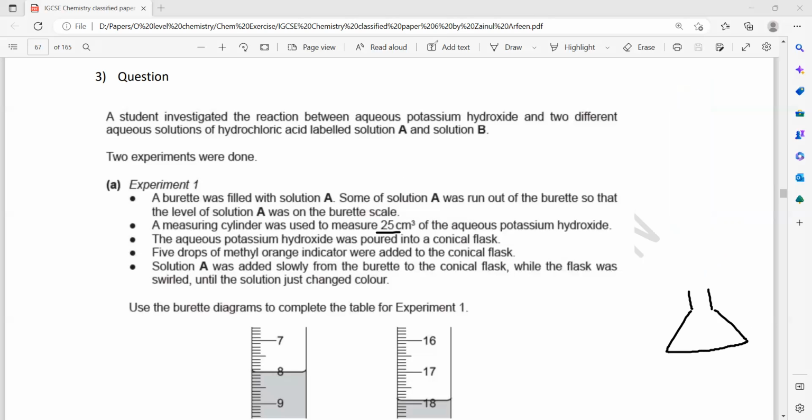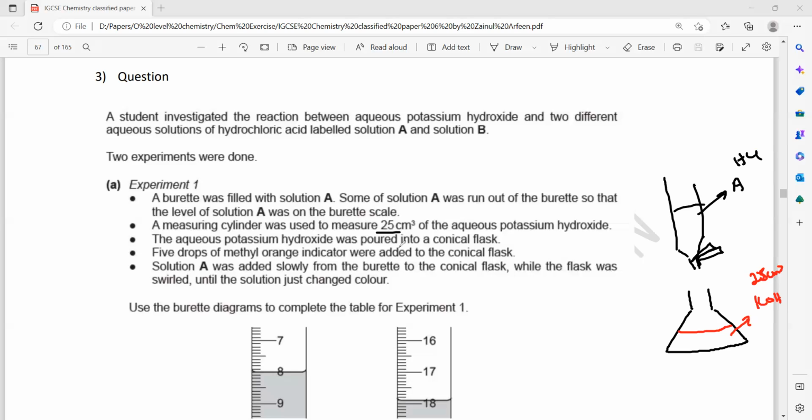For such questions, I prefer that you draw a rough diagram just to have a simple concept, because sometimes you have to compare which solution is more concentrated. So you just sketch: you have potassium hydroxide, 25 cm cube. And in the first experiment, the burette was filled with solution A of HCl.